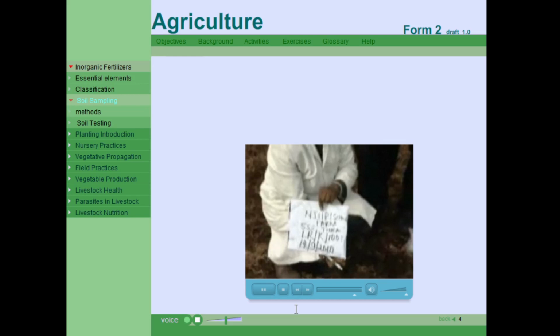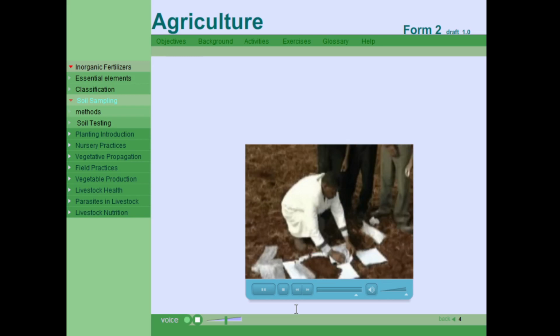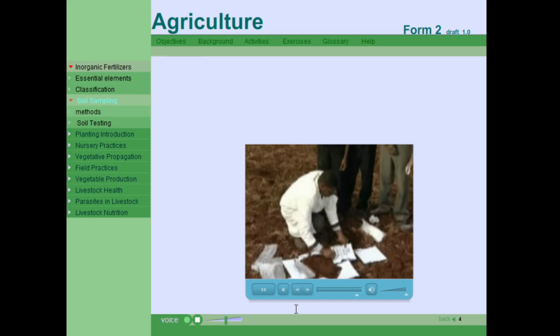And on the other side of our envelope, we shall address our soil sample to the National Soil Testing Laboratories, Box 1000, Nairobi. We shall clearly ensure it's fully legible.